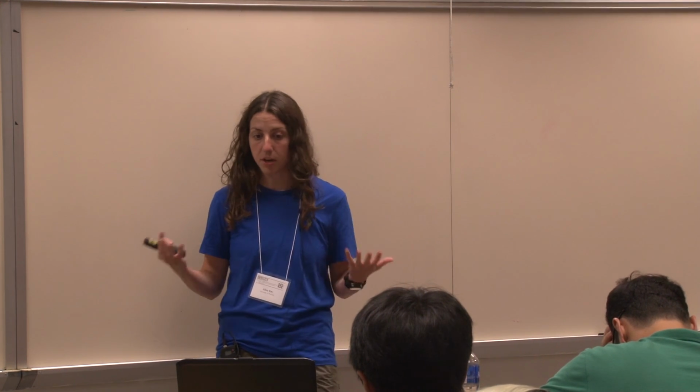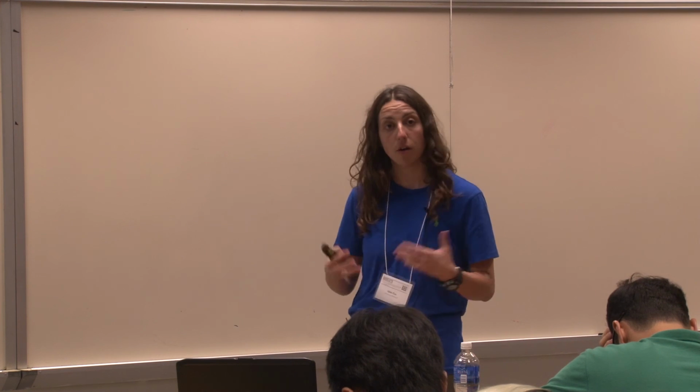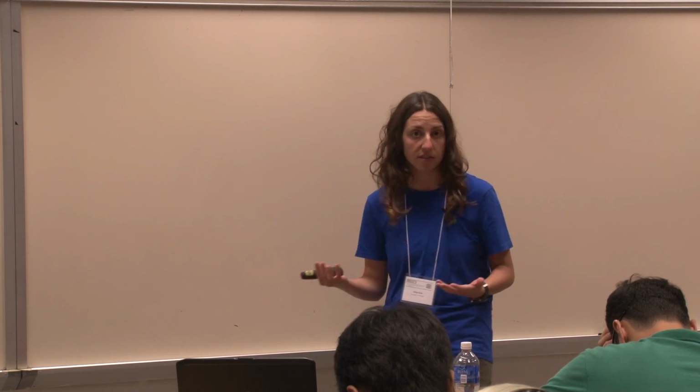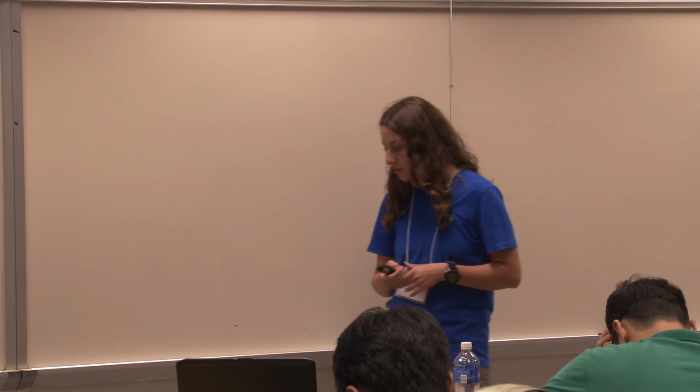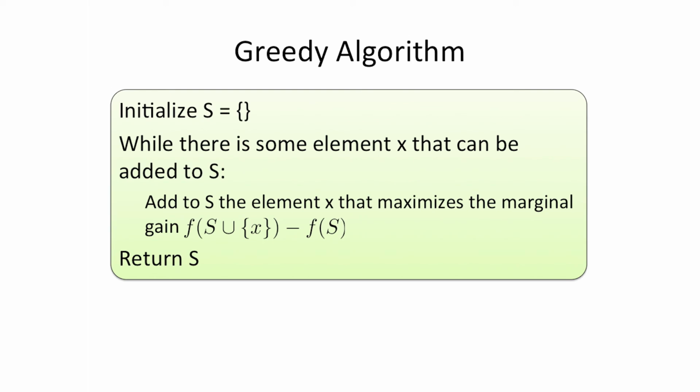Before we get to how we solve submodular maximization in a distributed setting, let's review some classical results, namely how you solve these problems in the sequential setting. Submodular maximization is fairly general, but luckily there's a very nice algorithm that solves this problem pretty well, at least for some types of constraints. This is the classical greedy algorithm, which most of you might know already.